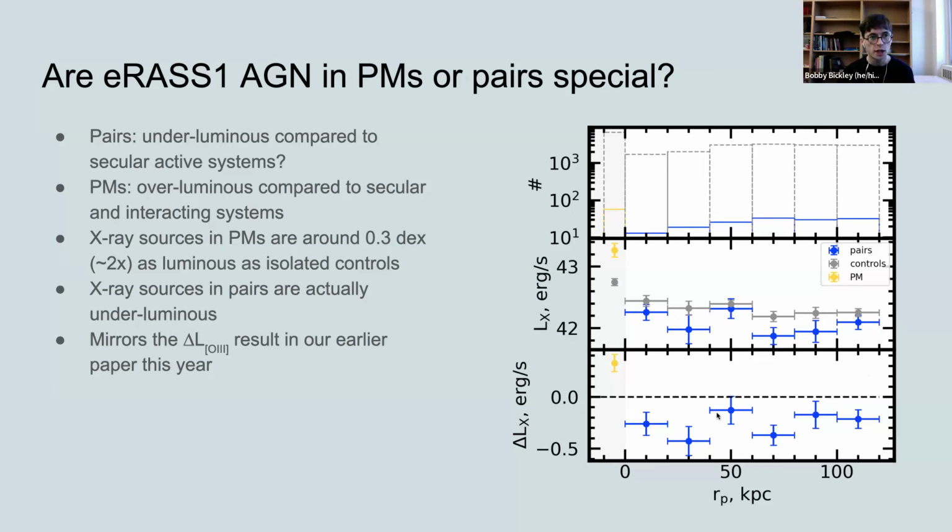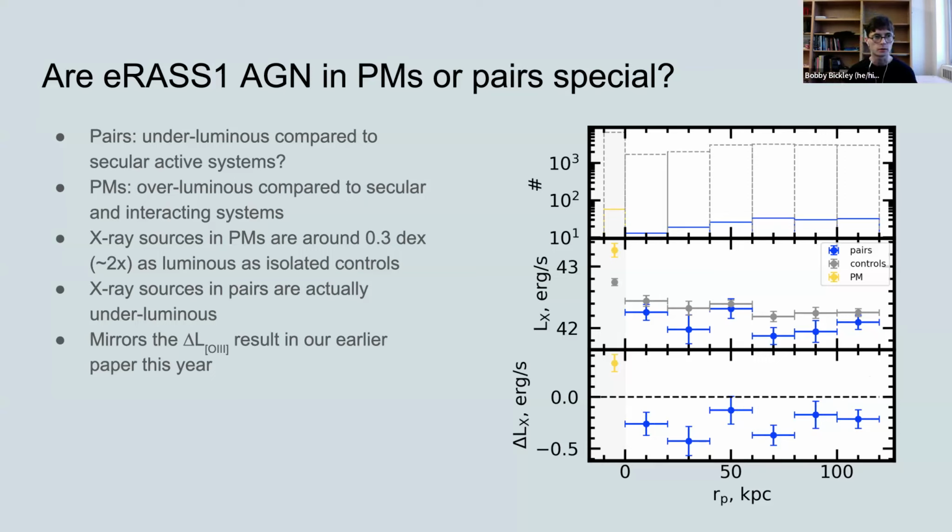But this actually changes in our post-merger sample. So our post-mergers are overluminous compared to secular and, as we can see, compared to interacting systems. They're about 0.3 dex higher in luminosity, a factor of 2, compared to an isolated control sample that we match.